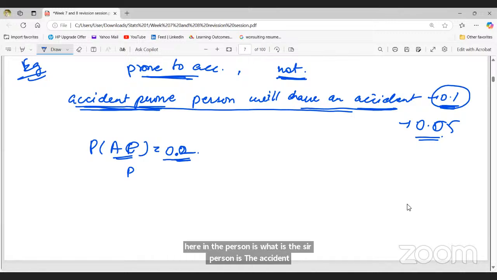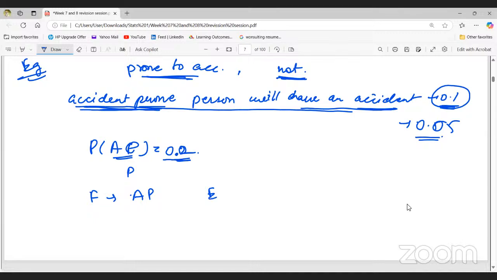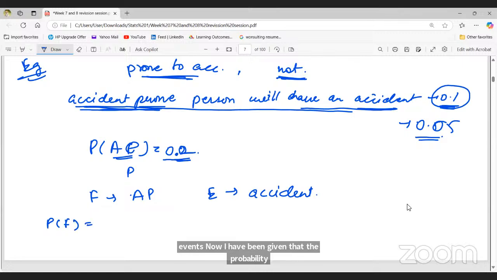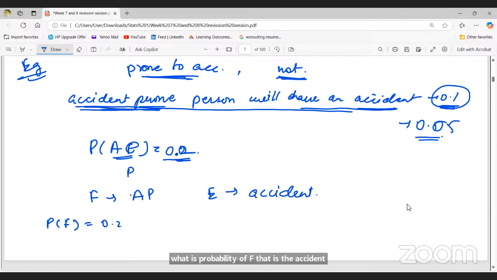I'm considering F as the event in which he is from the accident prone class, and I'm considering an event E, which is that he will have an accident. These are the two events. Now I have been given that the probability of F, the accident prone, is 0.2.